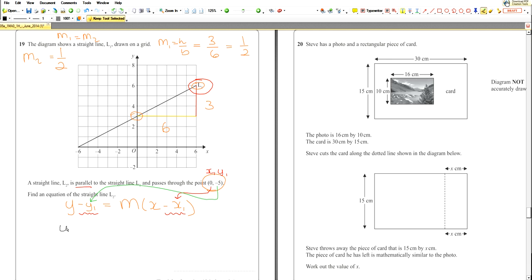So we say y minus y1. What's y1? Minus 5. So y minus minus 5, times the gradient, a half, times x minus x1, where x1 is 0. Two minuses become a plus.